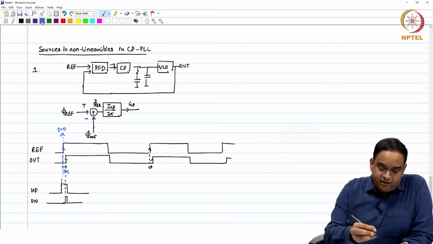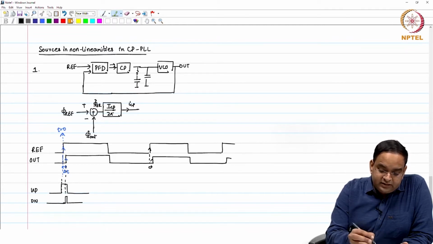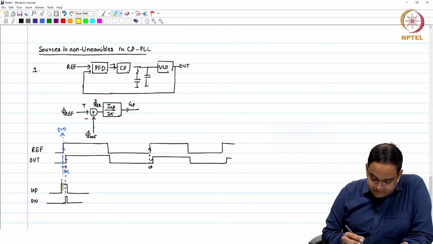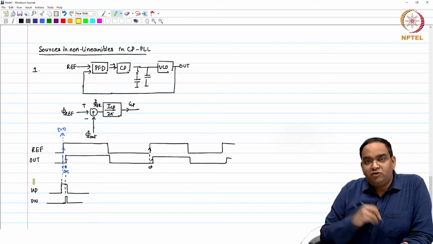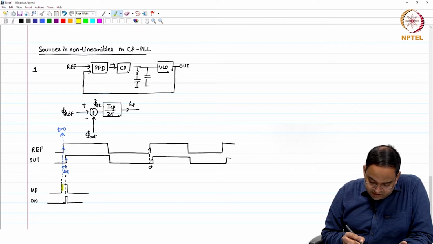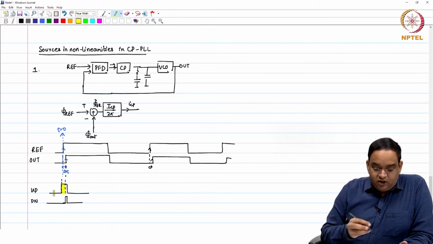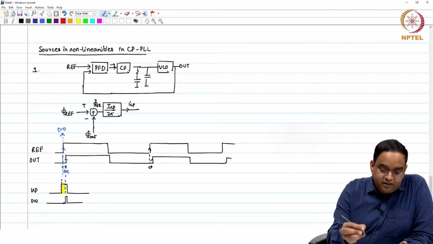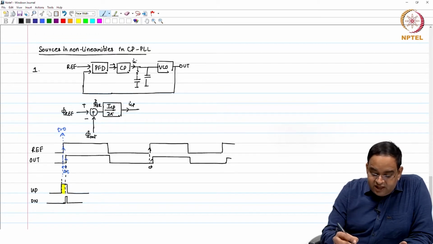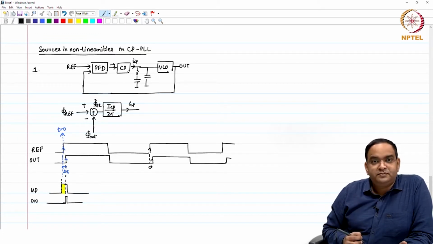Now, if you think about it, as soon as the rising edge on reference comes, if it comes before the rising edge on the output pulse, that means you are going to have a positive phase error. So, this is the phase error, because your up pulse goes high, so you get a non-zero ICP at the output.